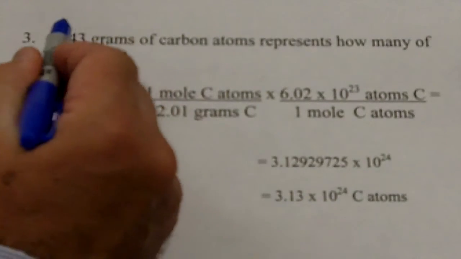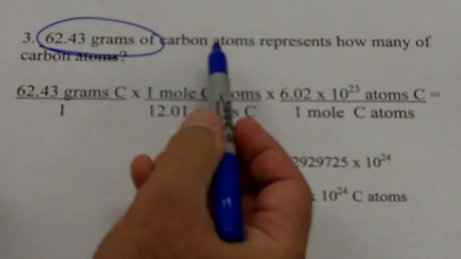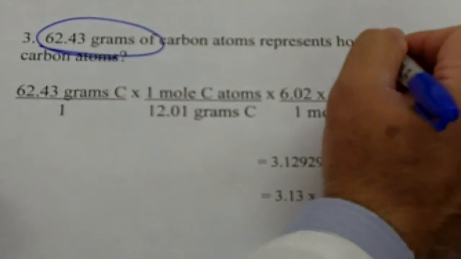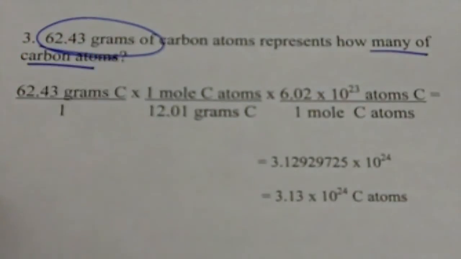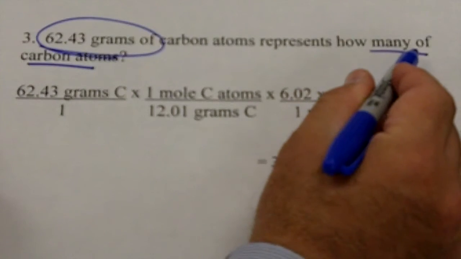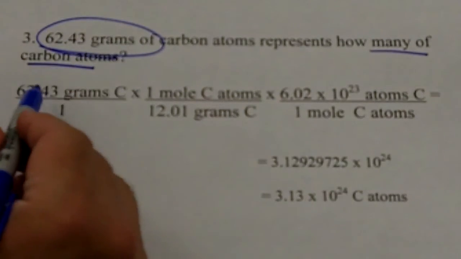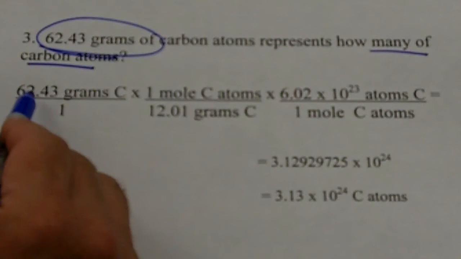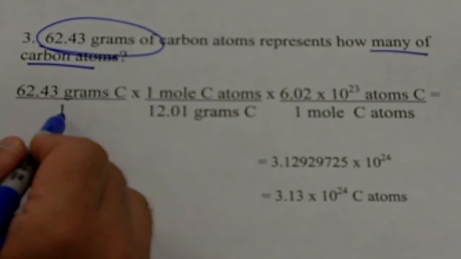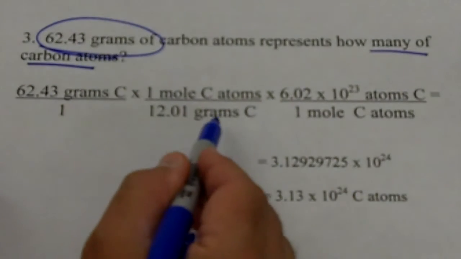The procedure begins just as it always has. Circle what you know. 62.43 grams of carbon atoms. We're looking for how many carbon atoms that represents. We put what we know over 1, 62.43 grams of carbon over 1, times whatever unit goes here goes there.